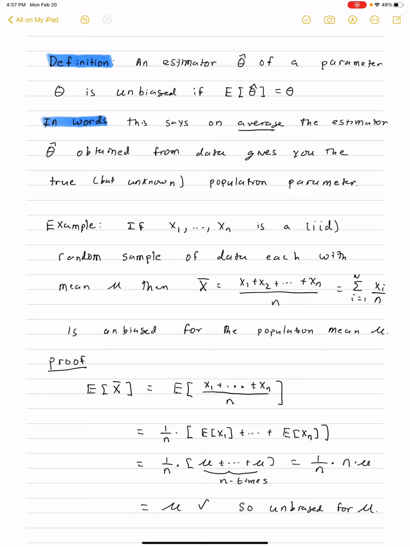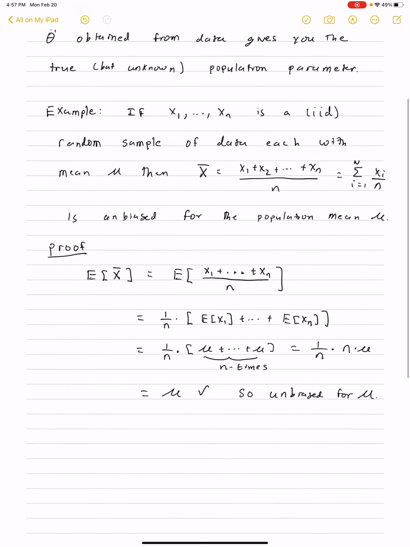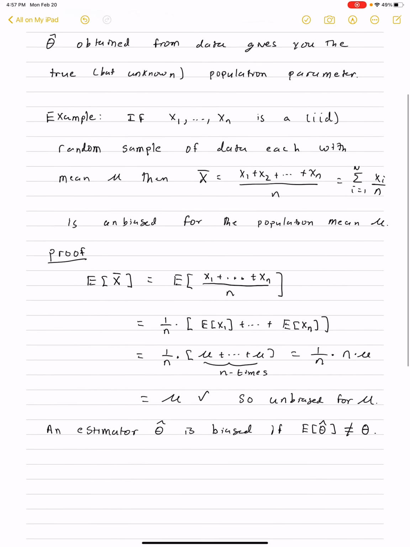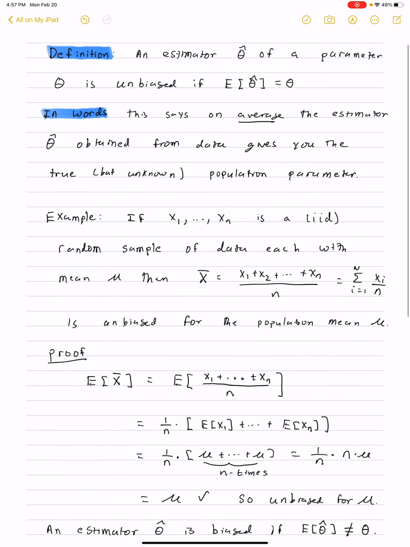And by the way, an estimator is biased if the expected value of theta hat does not equal the actual parameter. Okay, so just if this condition here is not met.